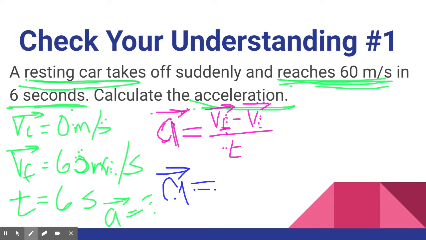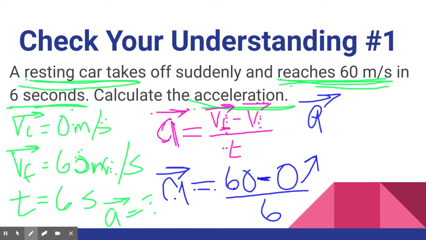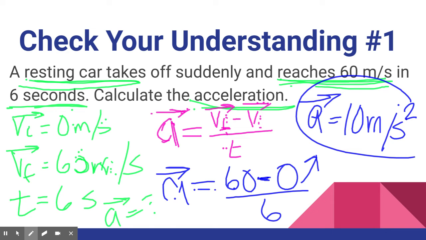This is my final velocity, so 60 minus 0 over 6, which would be 60 divided by 6, giving me an acceleration of 10 meters per second squared. And I have my answer here.